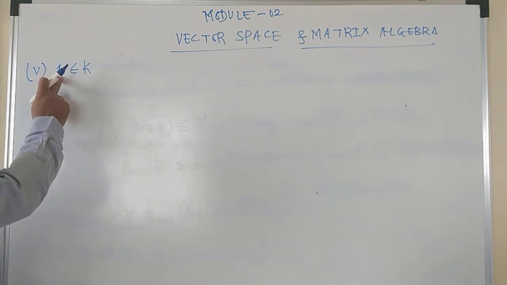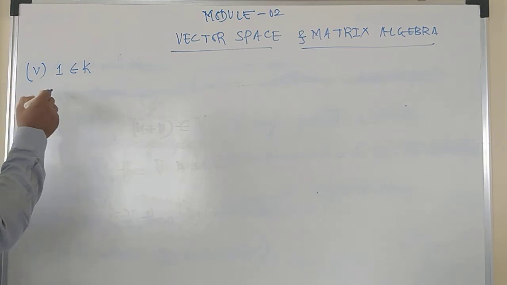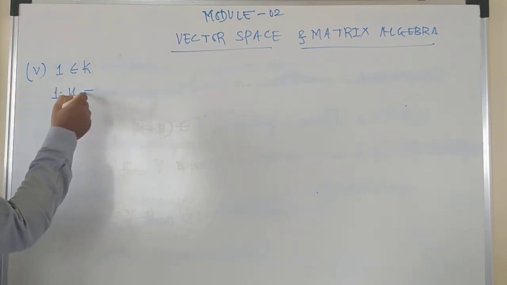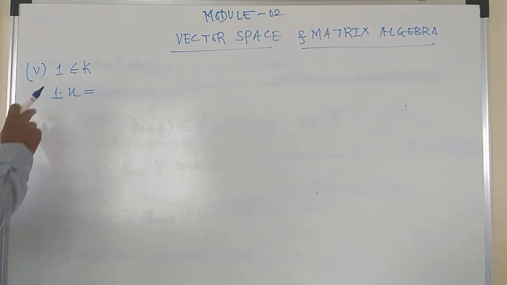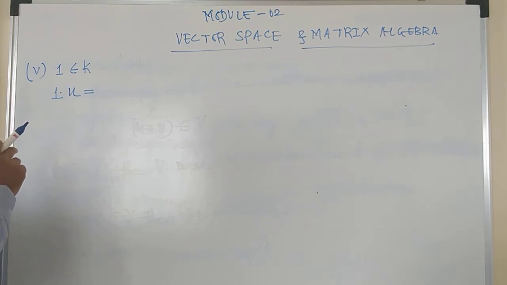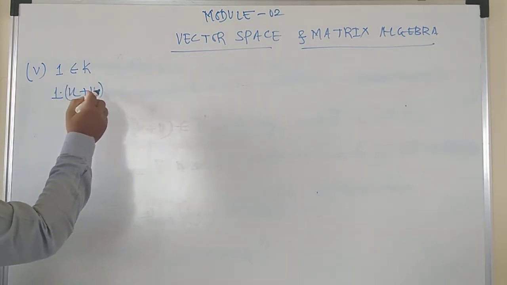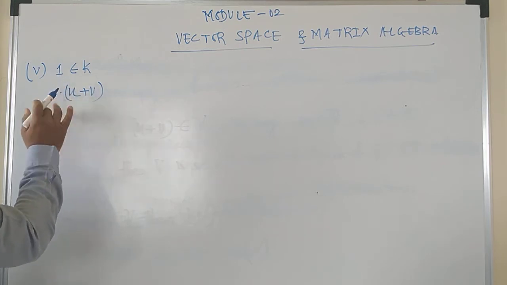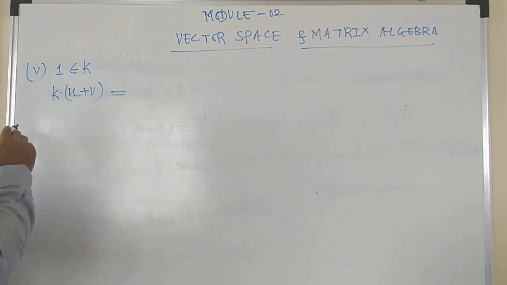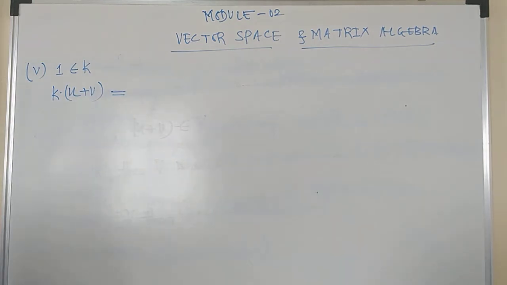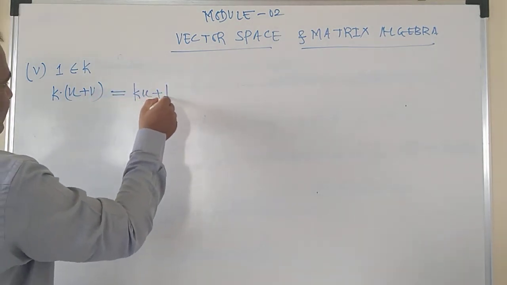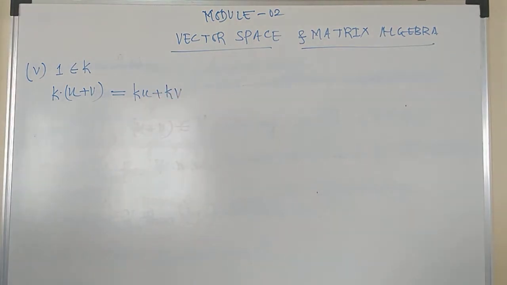And if for any scalar which belongs to the set of scalars, you are able to write the scalar multiplied by the vector addition u plus v, and suppose this scalar is k, let us assume, in the form of its multiplication, that is ku plus kv, right? So this is the first axiom of multiplication.